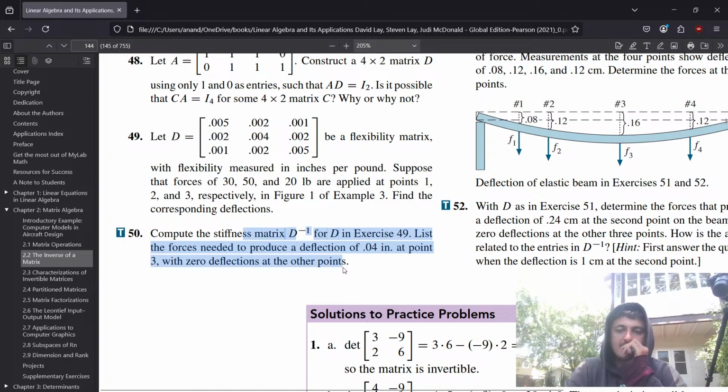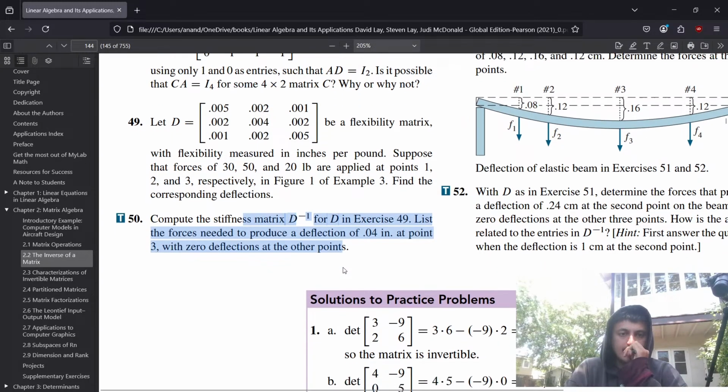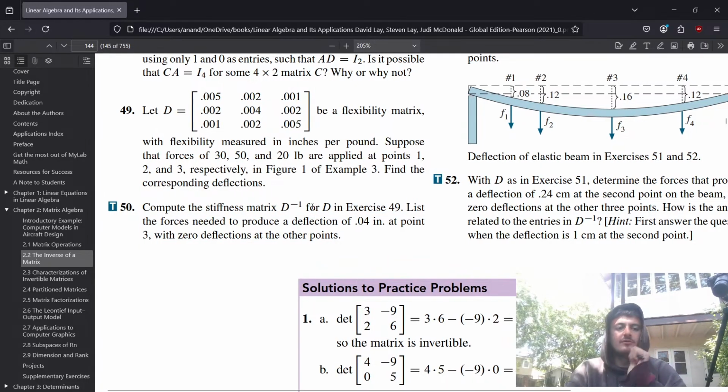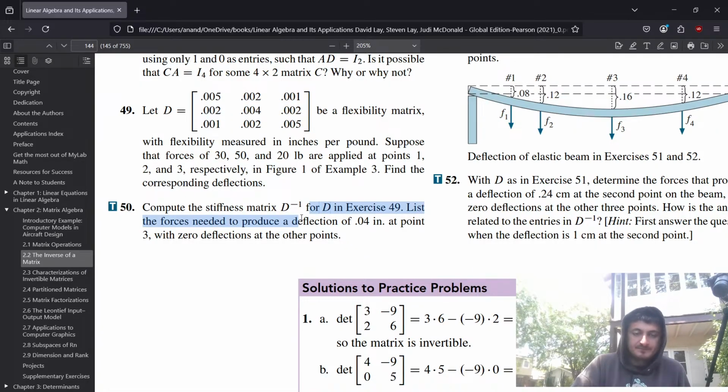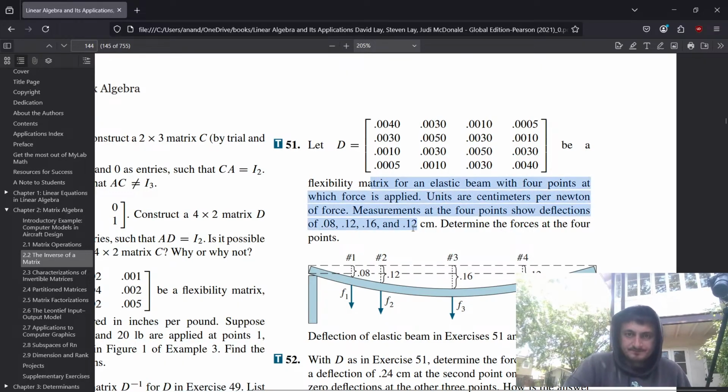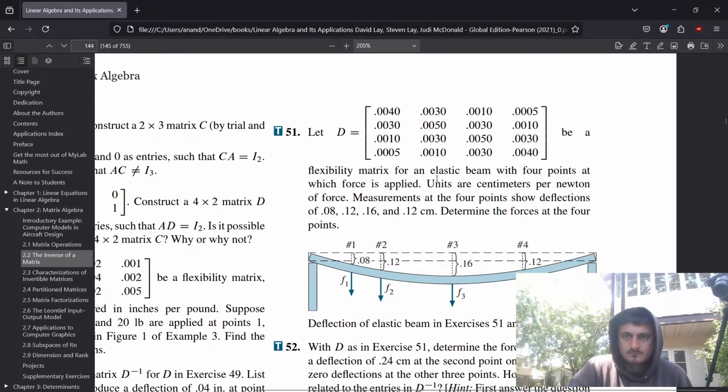Compute the stiffness matrix. So wait, we need to review the definition, but we're definitely going to do 49, 50. So flexibility matrix, I'm guessing.